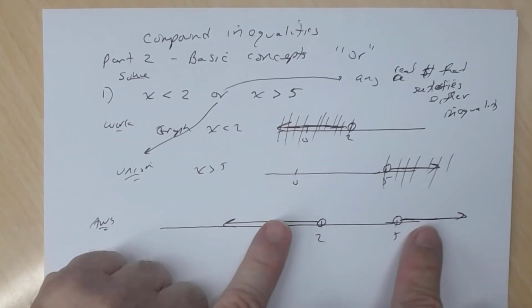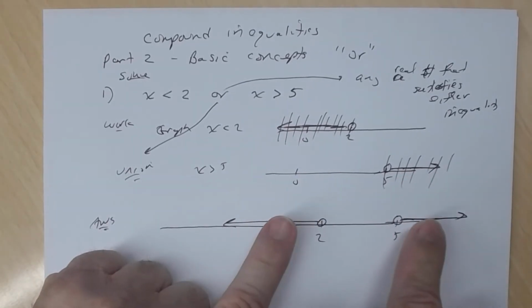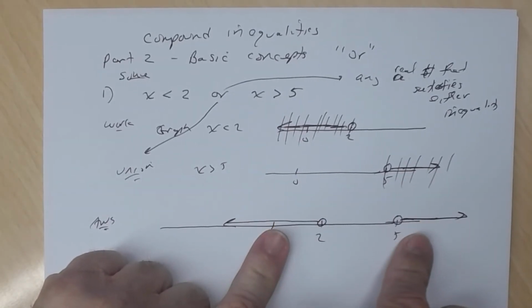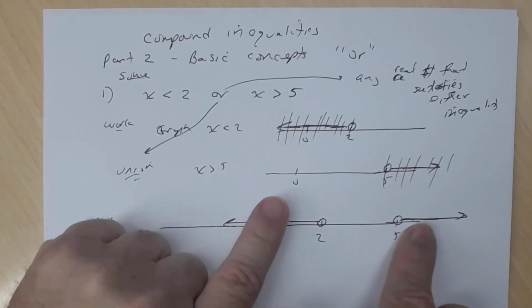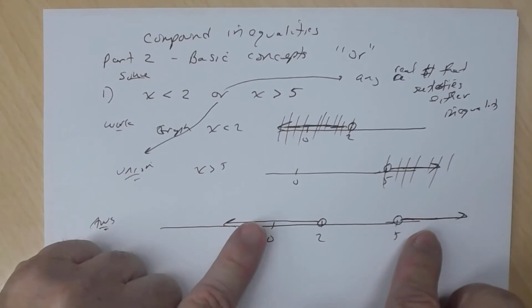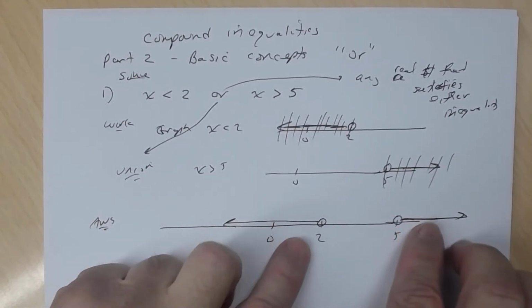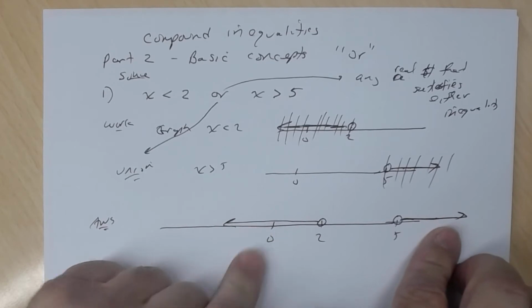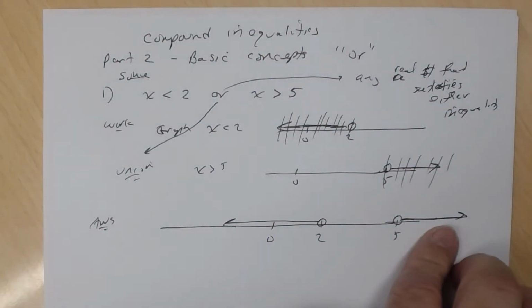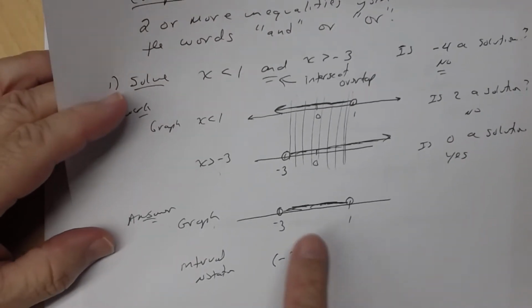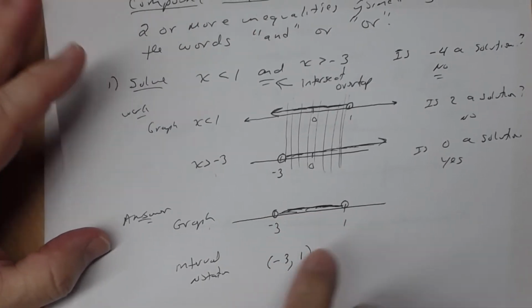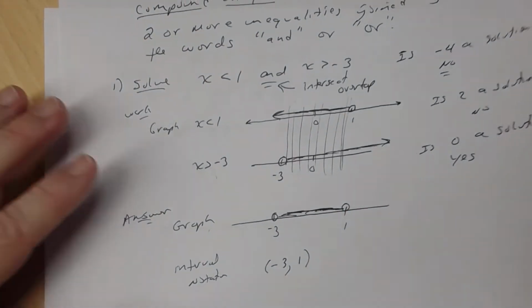So you're going to put all the shaded real numbers, all the solutions, on this final graph. Notice though this time that with this OR statement, you really get, in this particular case, 2 parts of the number line shaded. Previously, if you look at the others, there's only one part of the number line shaded. They were not going in separate directions.